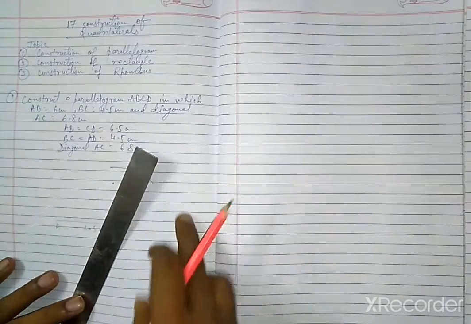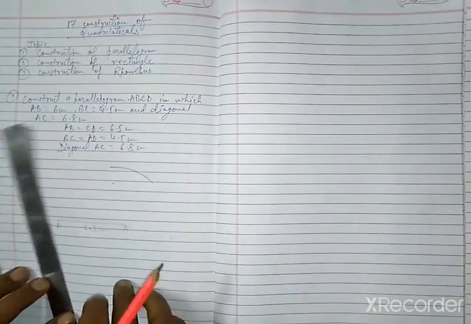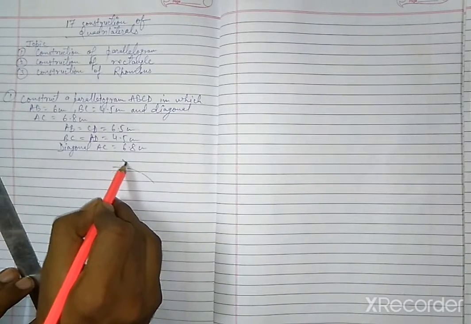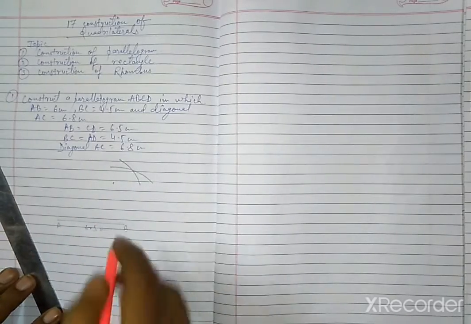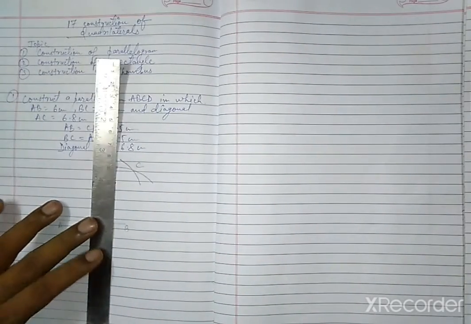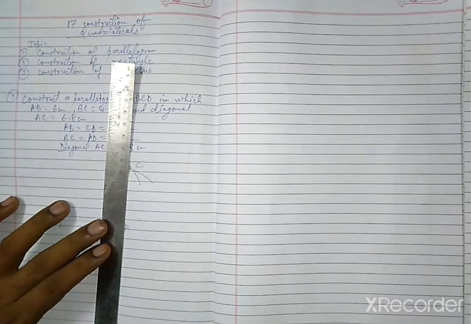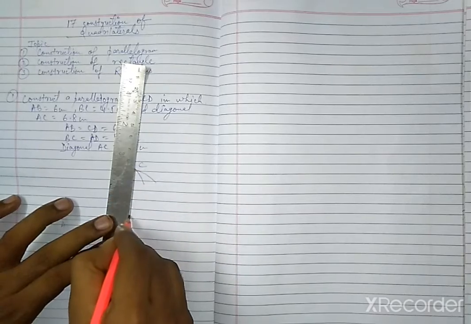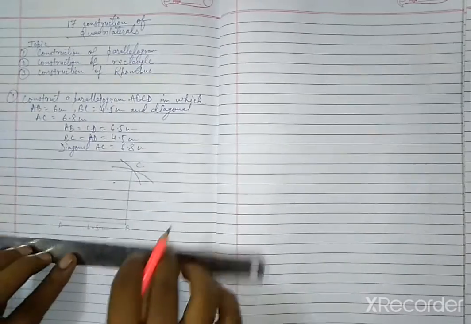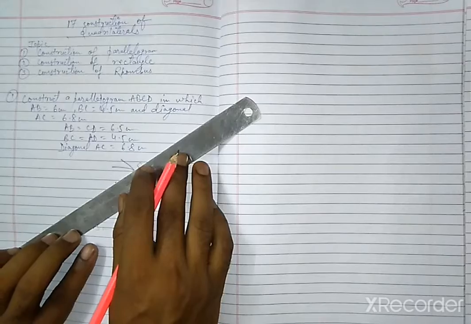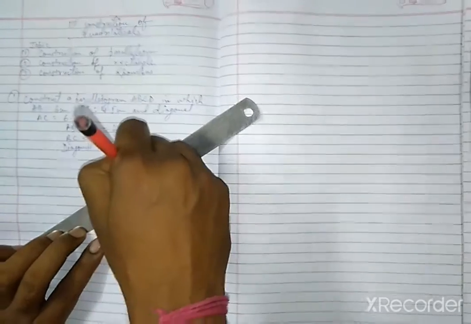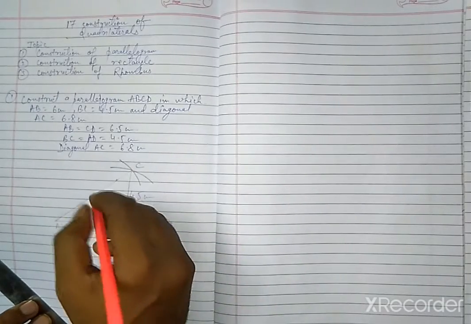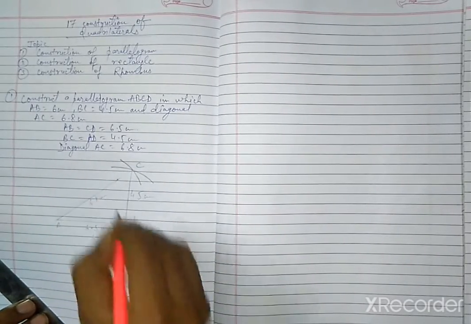So again, with the help of compass we will measure 6.8 centimeter, put it at point A and cut this arc. The point of intersection is point C. We will join BC and AC. BC equals to 4.5 centimeter and AC is equals to 6.8 centimeter.